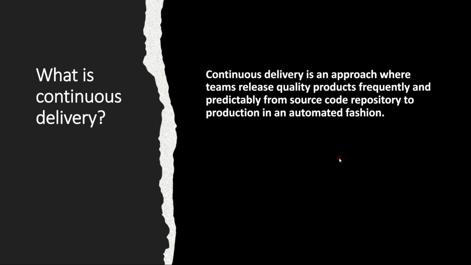And then we'll be looking at what is continuous delivery. Continuous delivery is an approach where teams release quality products frequently and predictably from source code repositories to production in an automated fashion. That has to do with the second part of your continuous integration process.